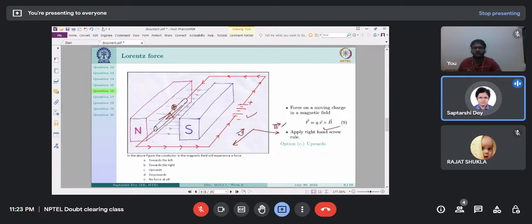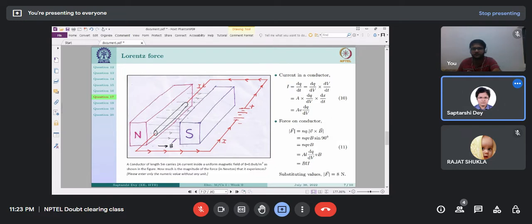Now if I do V cross B, which is again the right hand screw rule, I will put my hand along V, then curl, and my thumb will be upward, so the force will be in this direction. So this conductor will experience a force upwards. So a current carrying conductor when kept in this magnetic field will experience a force in this direction.